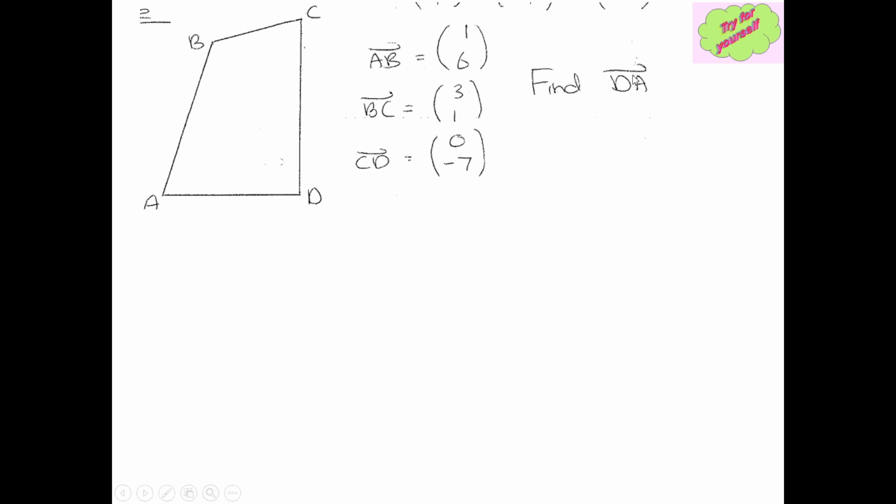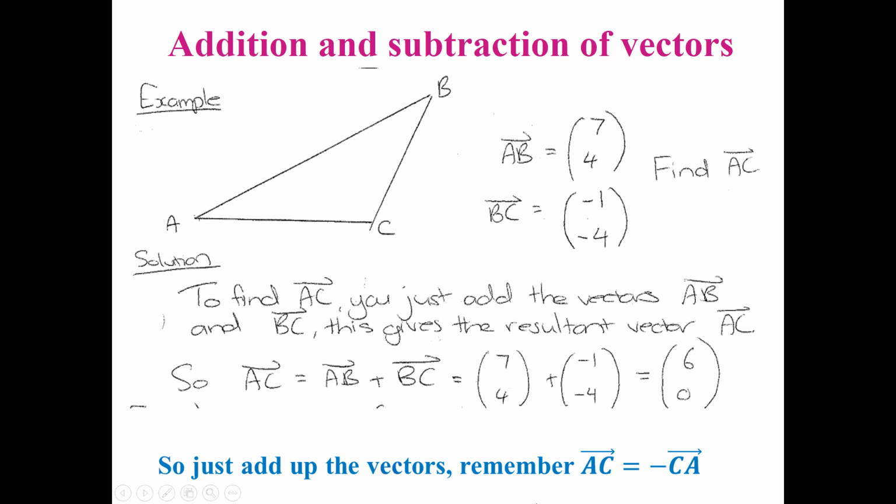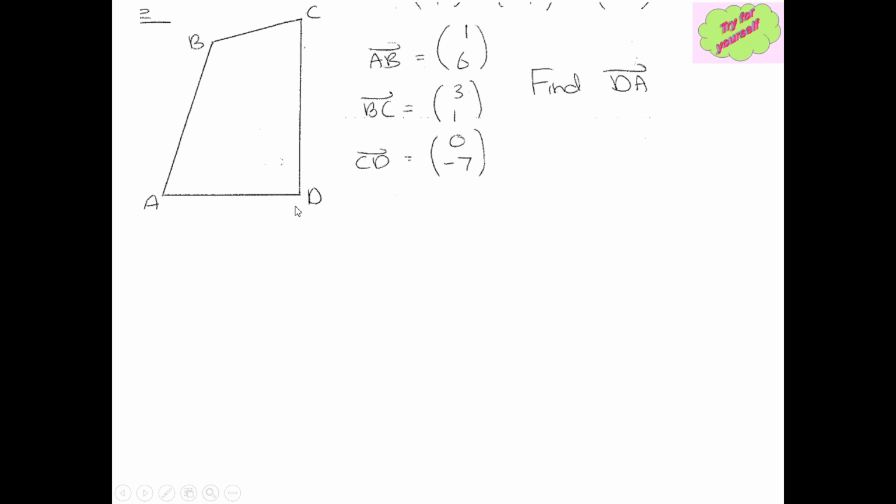They want us to find DA. You could find AD first, and then, similarly to the last one where AC is the same as -CA, DA would just be the negative of that. So let's see.